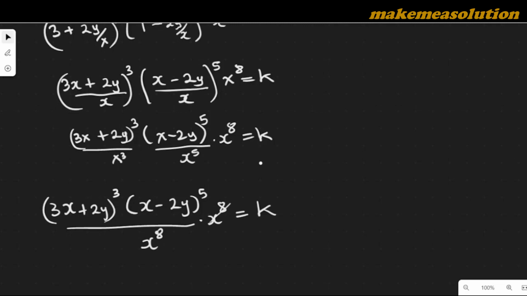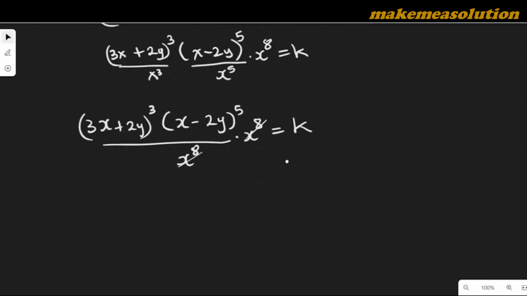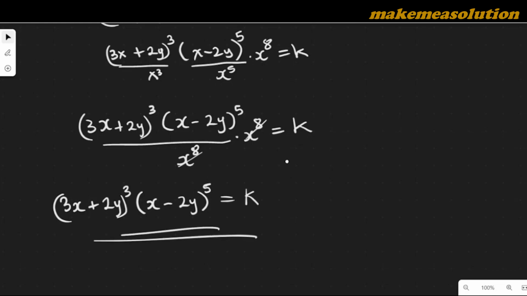So x^8 strikes out x^8, and we now have finally (3x + 2y)^3 and (x - 2y)^5 is equal to some arbitrary constant. So this is where you can rule the line for this particular problem.